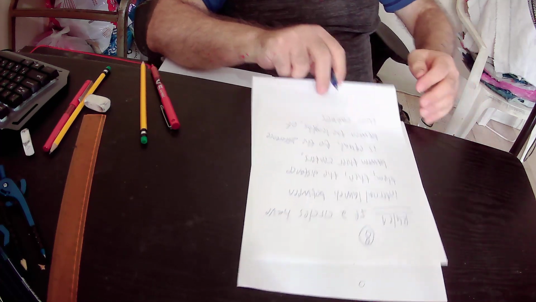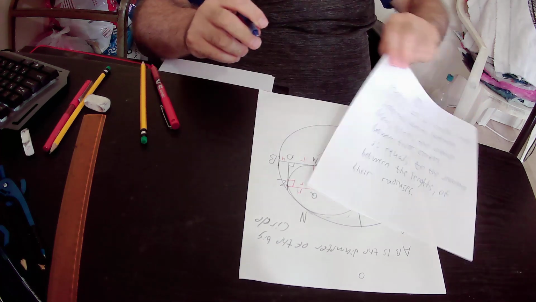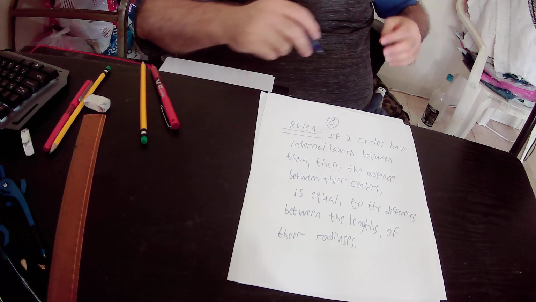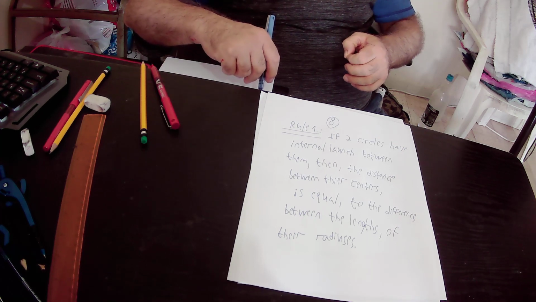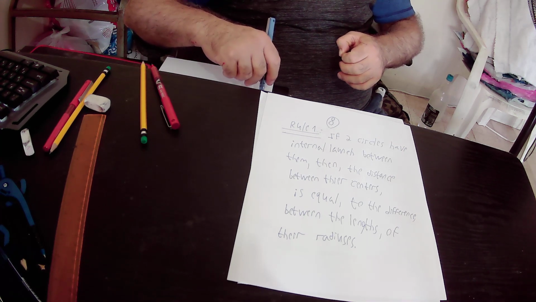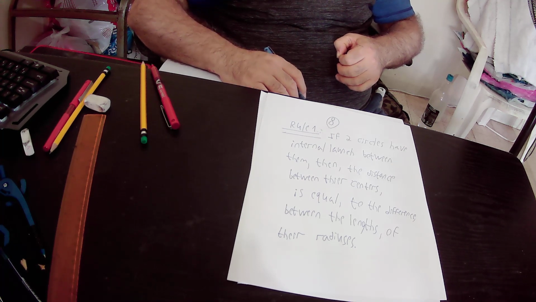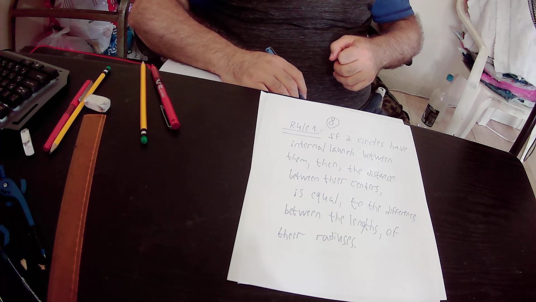I will read rule number 1 again. Rule number 1 states that if two circles have internal length between them, then the distance between their centers is equal to the difference between the lengths of their radiuses.